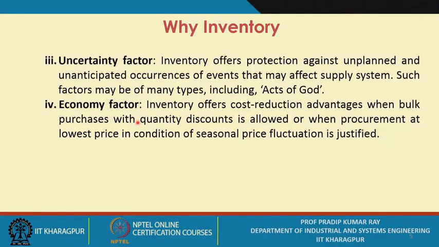Because of this quantity discount, there will be an overall gain in your total purchase cost. So that's why the discount is accepted. The economy factor becomes prominent when procurement at the lowest price in conditions of seasonal price fluctuation is justified.